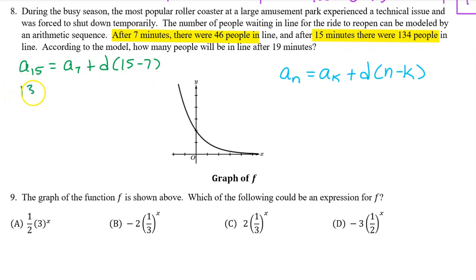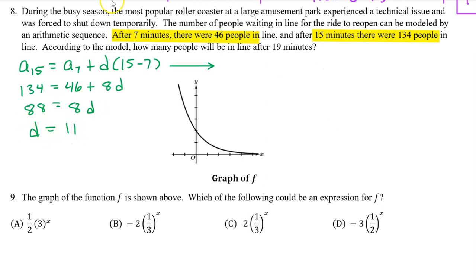So 134 is equal to A7, which is 46, plus 15 minus 7 is 8. So I'm going to go ahead and put 8D. Subtracting 46 from both sides gives me 88 is equal to 8D. Dividing both sides by 8 gives me D is equal to 11.